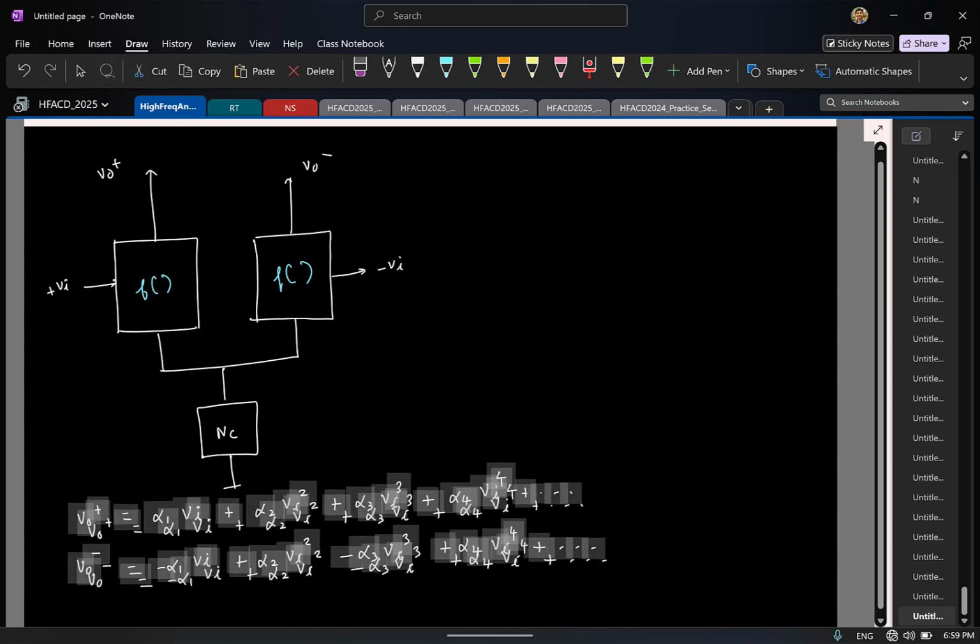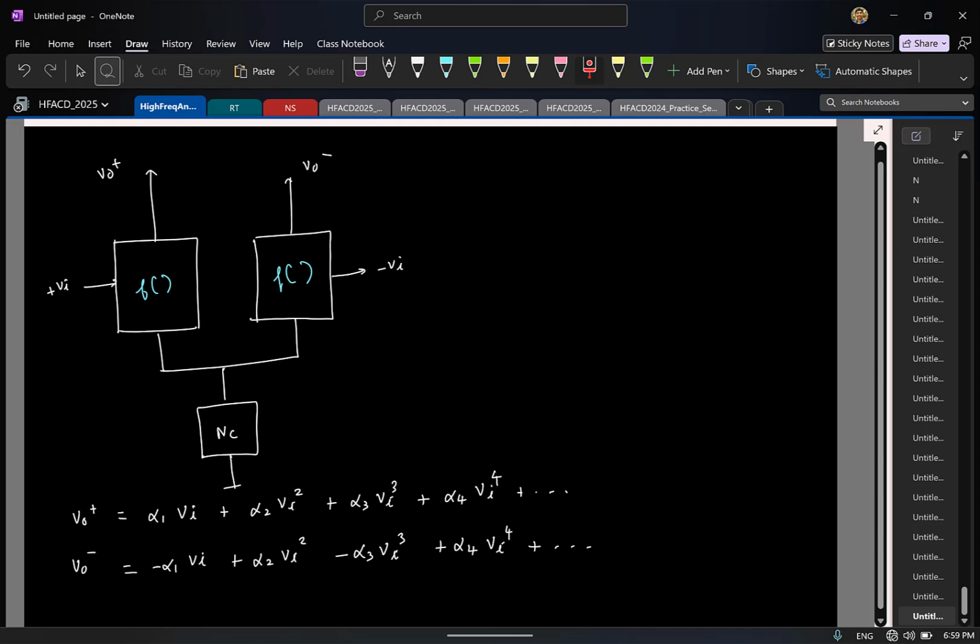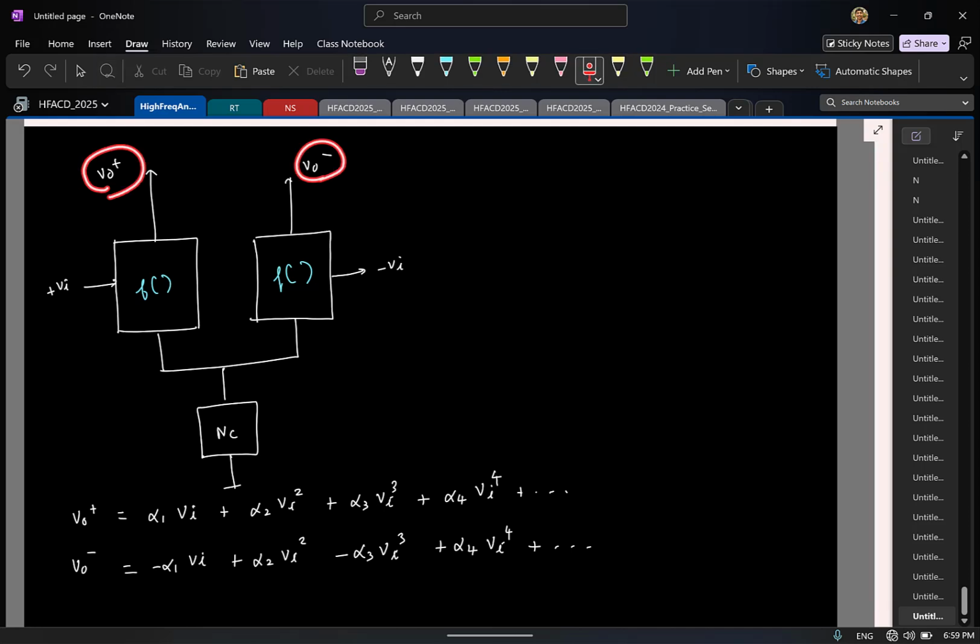Now please remember, in fully differential systems, we are not interested in the individual outputs VO plus, VO minus. What is the actual signal of interest? The difference between the two. So if I take the difference between the two, what happens? All the even order terms cancel. So is this even terms getting cancelled good or bad? Something is getting cancelled. Why good?